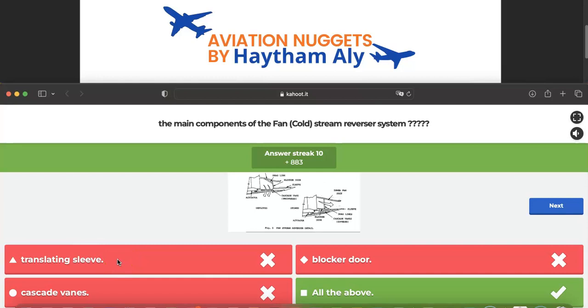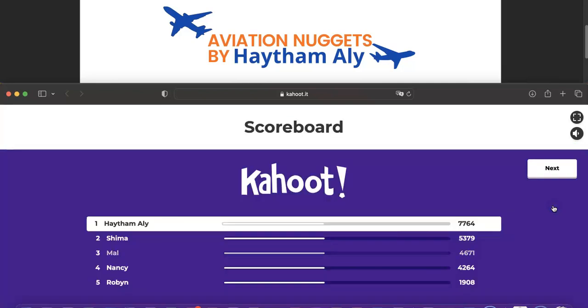When it goes to the aft position, it deploys the blocker doors to reverse the cold or fan stream, using the cascade vanes to direct it away from critical components of the aircraft. The function of the cascade vanes is to direct the cold stream away from critical components at certain angles; each cascade vane segment has a certain angle. Okay, everybody, let's proceed. Next question.